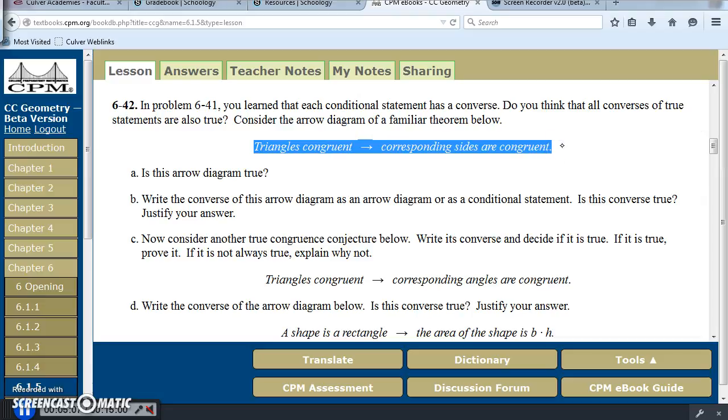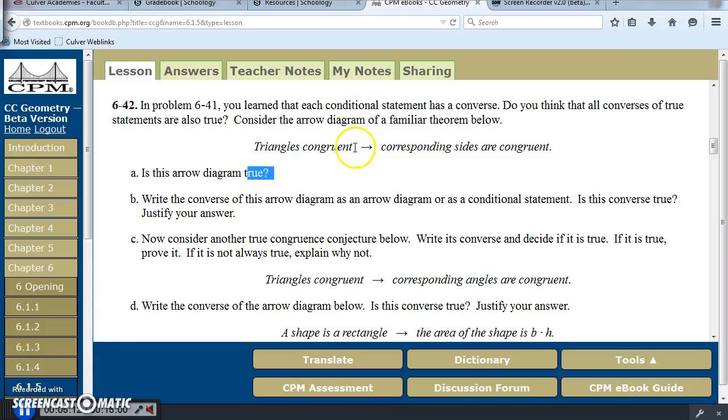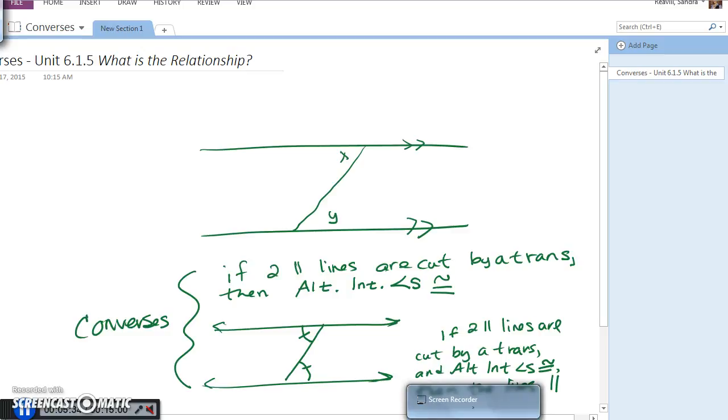And this is written in your textbook's if-then form. Here's my if portion of the statement, and after the arrow is my then portion of the statement. Is the diagram true? Yes, we think it is. Write the converse of this arrow diagram as an arrow diagram or as a conditional statement, and then is this converse true? So we have triangles congruent, therefore corresponding sides are congruent.